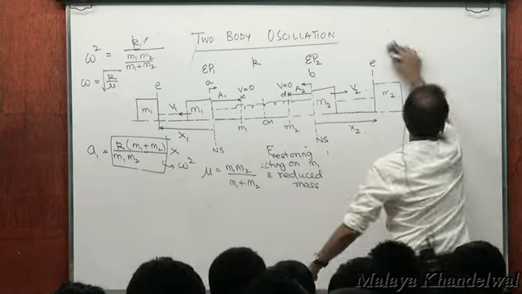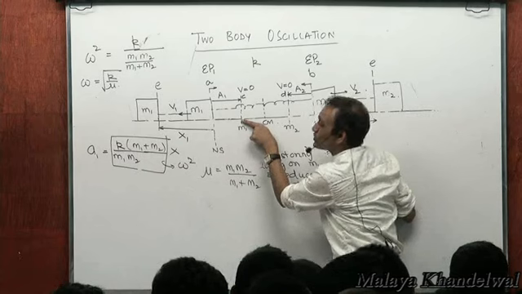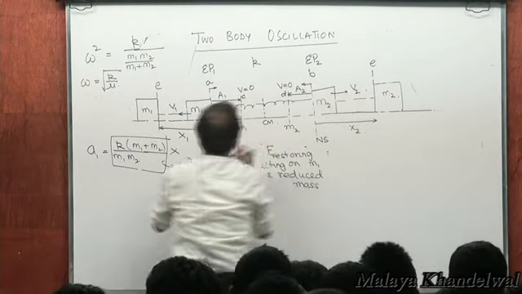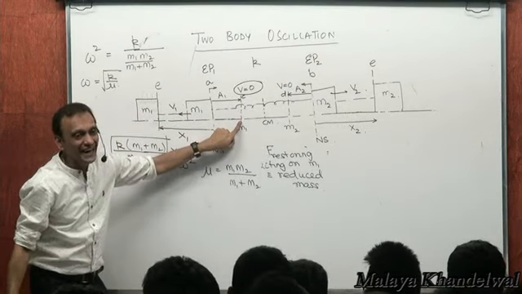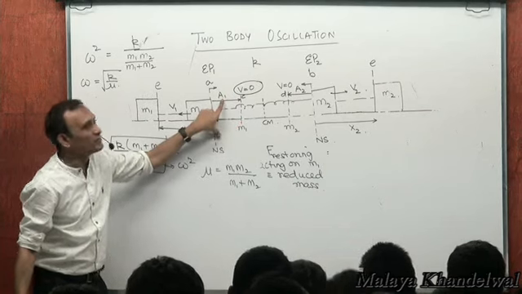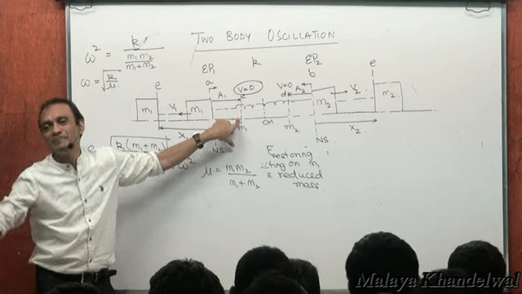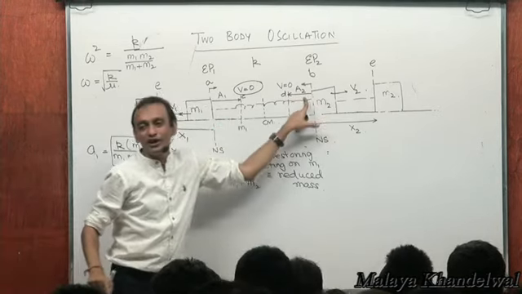Now what about the amplitude of oscillation? Realize that this was the state where M1 had 0 velocity. M1 had 0 velocity in this state. This therefore must have been an extreme state. Therefore A1 must have been the amplitude. This is the mean position. A1 therefore must have been the amplitude for M1, and A2 must have been the amplitude for M2.